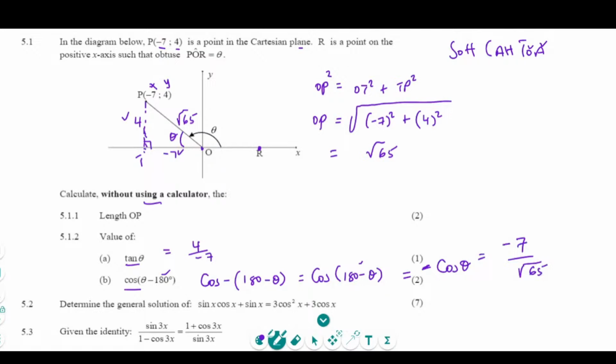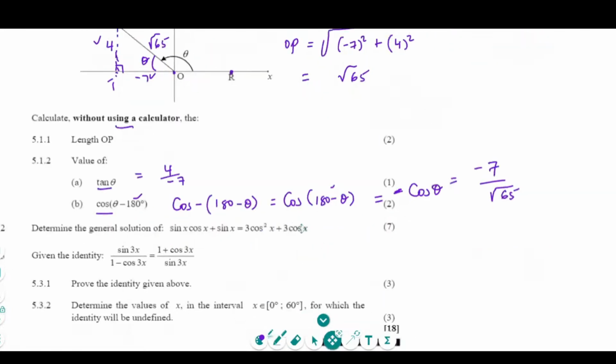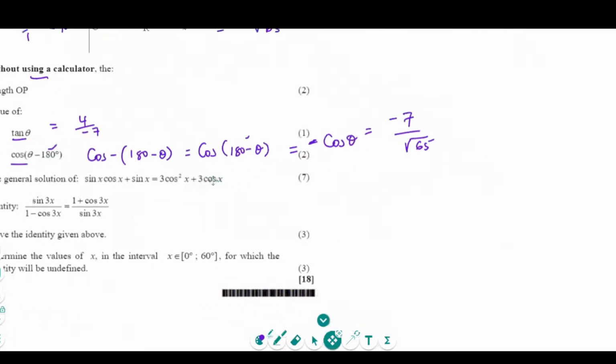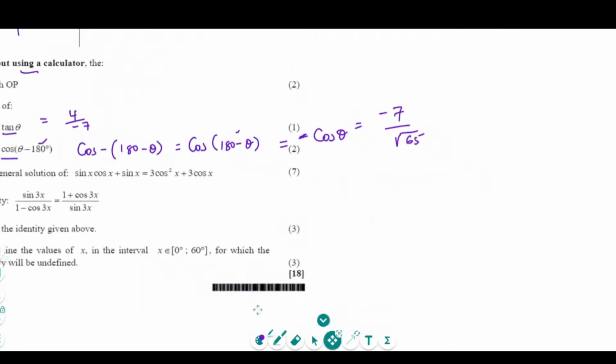Okay, then next, 5.2, they want us to find the general solution for 7 marks. General solution. So what we can see is that we have sine x cos x plus sine x, and we have 3 cos squared x plus 3 cos x. What's going on?